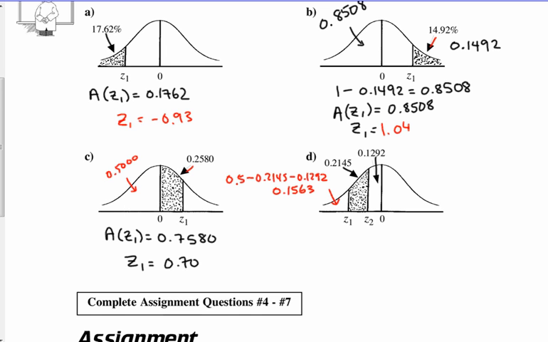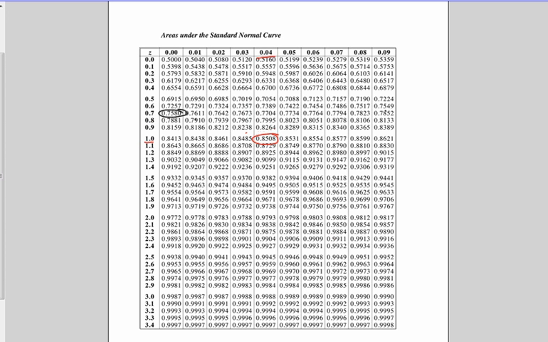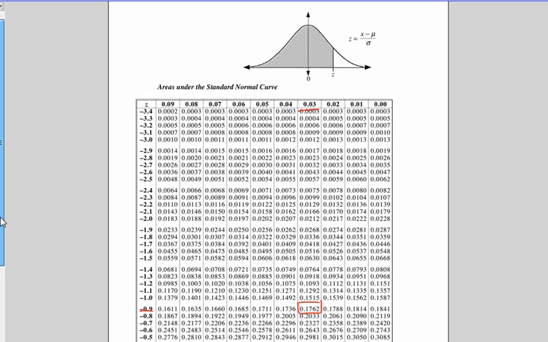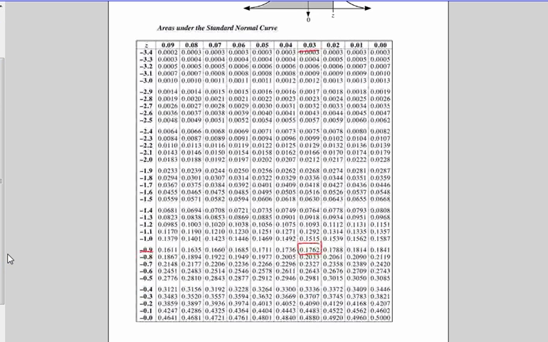So now, if I know the area under Z1 is equal to 0.1563, then we can figure out what Z1 is. So with my tables, 0.1563, we're going to look on the negative side. Looking up on our chart, 0.1562 is close enough.